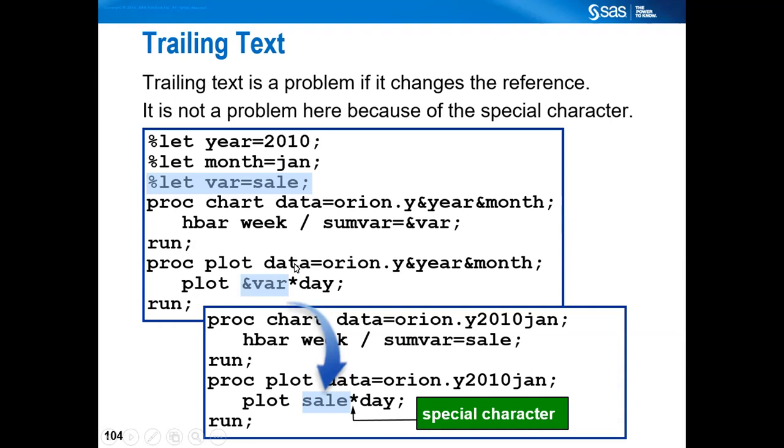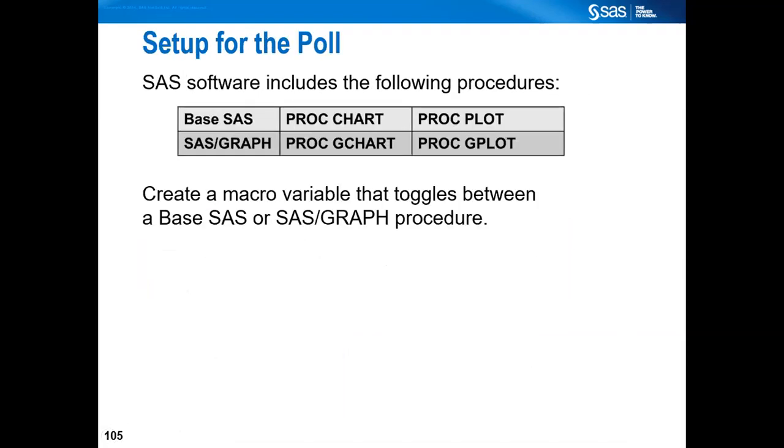But when it comes to an example like this, look at this program. In base SAS, if you want to generate a report with graphical presentation, we use proc chart or proc plot. But if you're using graphical software, specifically asking SAS to use SAS/GRAPH in your programming, we reference these as gchart and gplot.